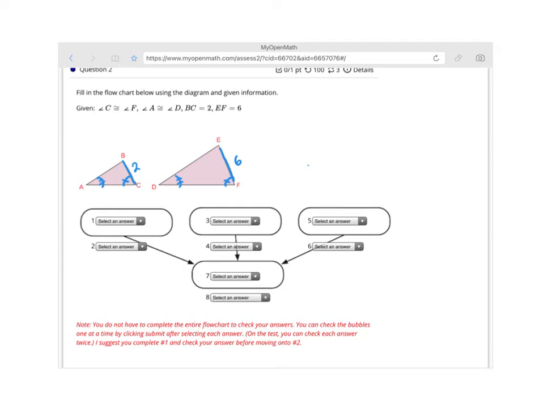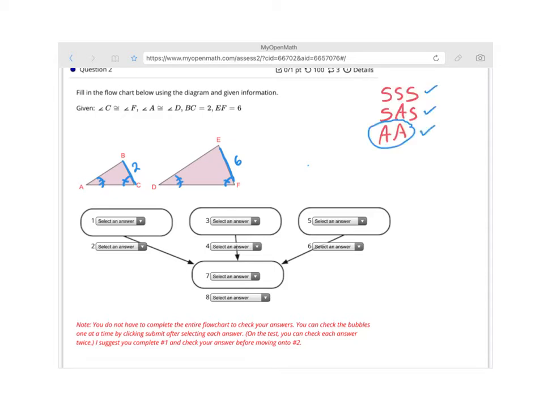Now, the EF and BC, those sides are called corresponding because they're in the same position in each triangle. If I look at my diagram and what I'm given, I'm just going to use angle, angle for my information.